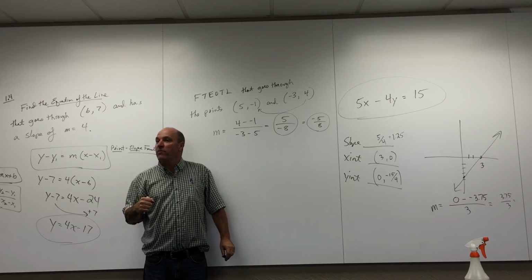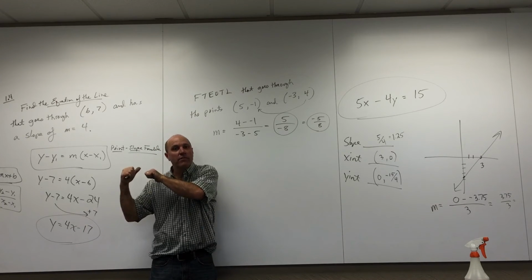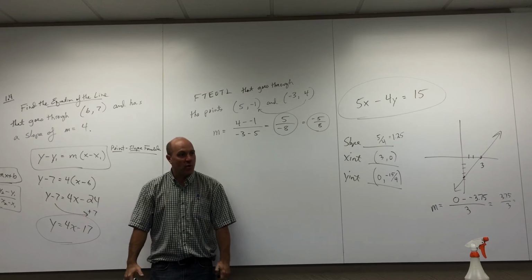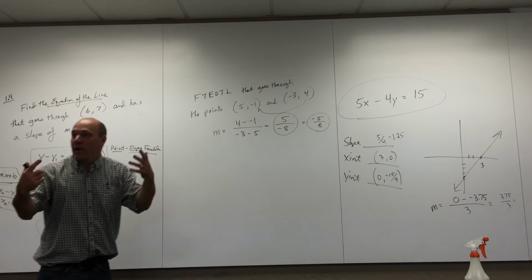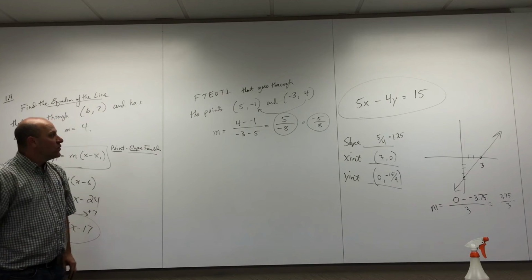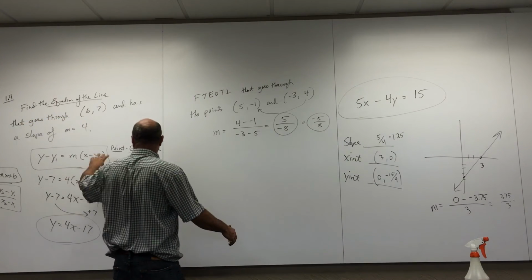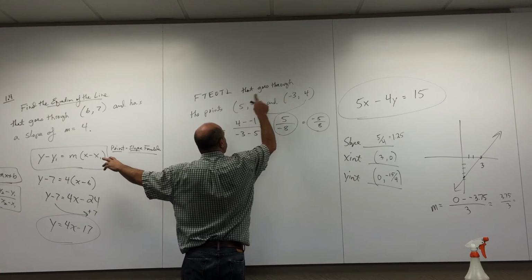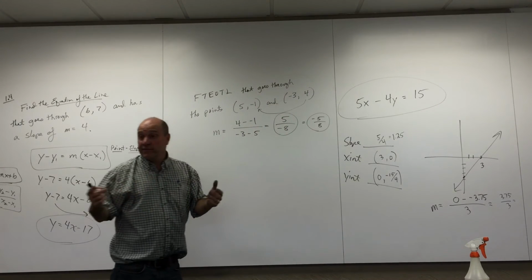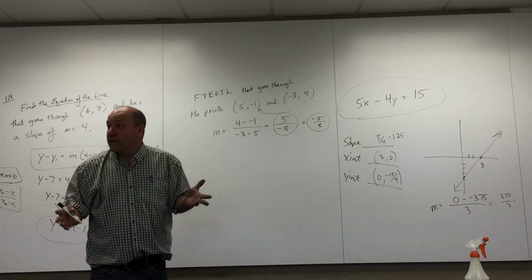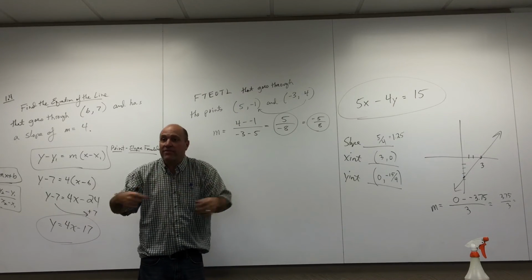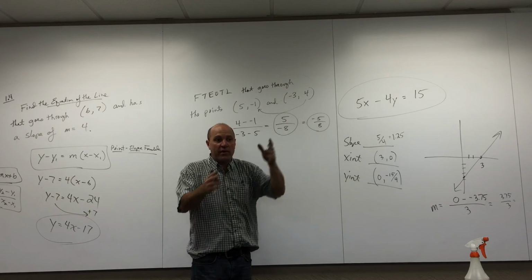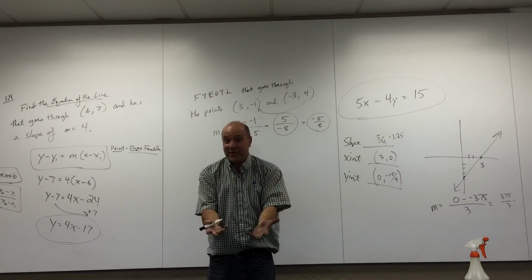And if I have a slope and a point, I can use my point slope formula and get the equation of the line. They gave me 2 points. Which point would you use in this formula? The truth is, it doesn't matter. Half the class could use that point and do their math, and the other half could use this point and do their math, and in the end, we get the same equation.